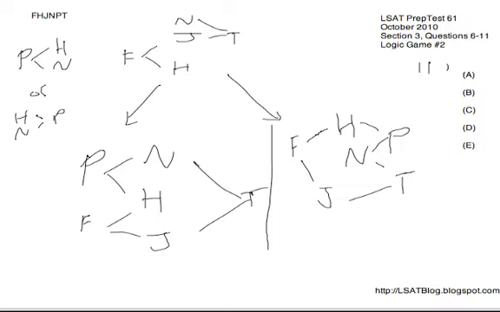Next, looking at C, N before T if and only if J is, that's giving us a double arrow telling us that N before T requires N before J, and N before J requires N before T. But we need both of those things to go before T. Just creating an if and only if relationship, establishing that both of those things are necessary and sufficient for the other, is telling us that either both of them are before T or both of them are after T, but that's not limiting enough because we specifically need both of those things to go before T. So we can eliminate C as well.